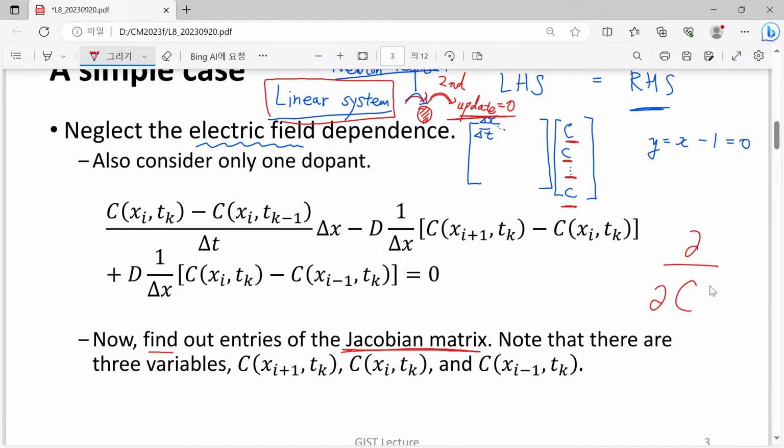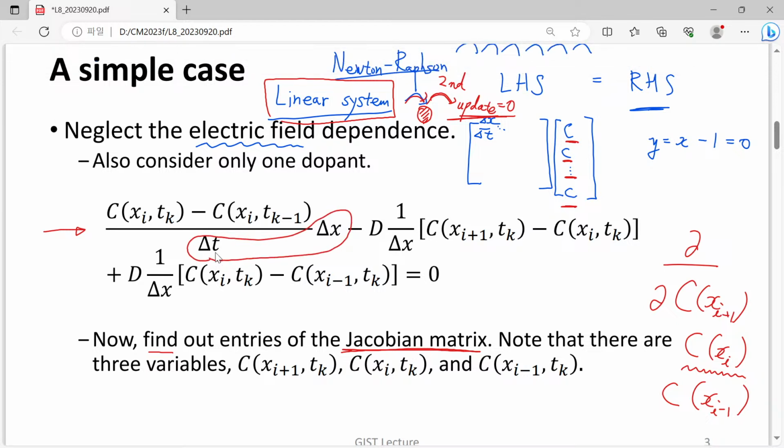So C x sub I plus 1 or C x sub I or C x I minus 1, and hopefully, in this case everything is quite linear, so you will get quite easy result. For example, if we make the partial derivative with respect to C of xi, which is the center point or diagonal component, then in this case you will get just delta x over delta t.